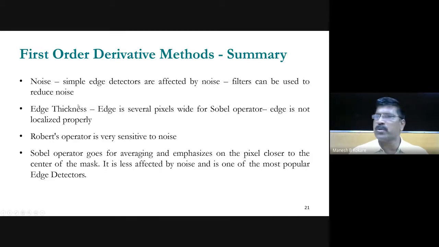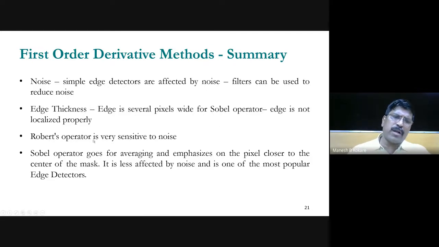So definitely you have to use a low pass filter for that. The second problem with this simple first order derivative technique is edge thickness. The edge is several pixels wide for the Sobel operator, and the edge is not localized properly. That is the problem with this.